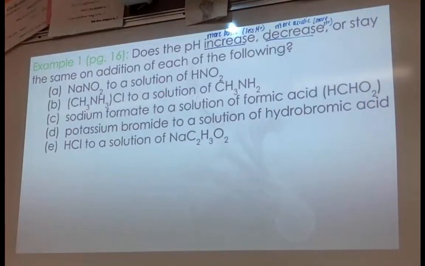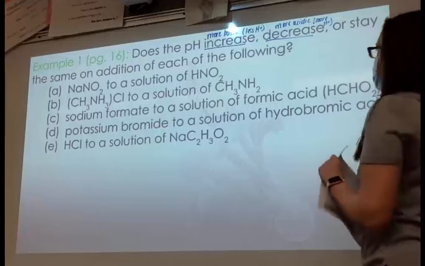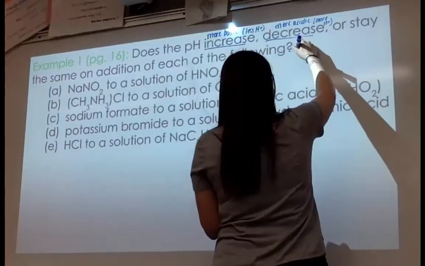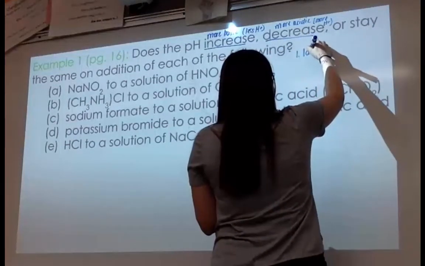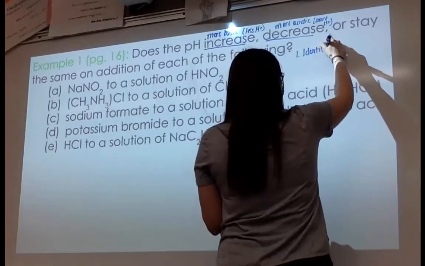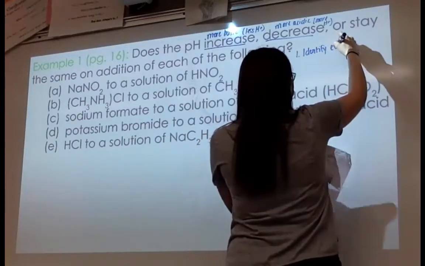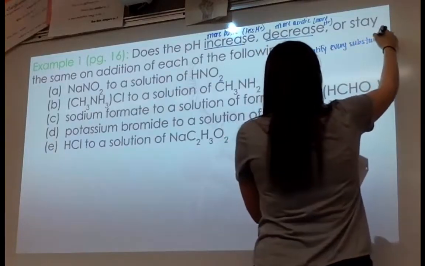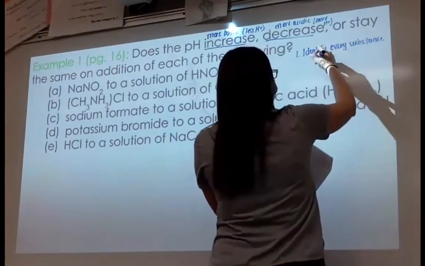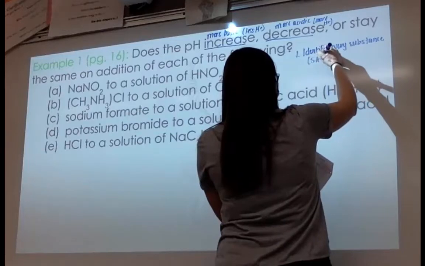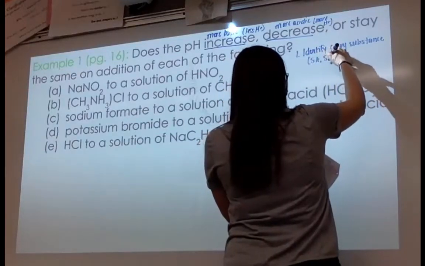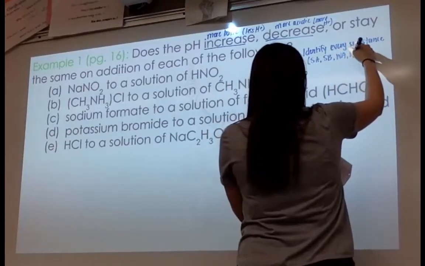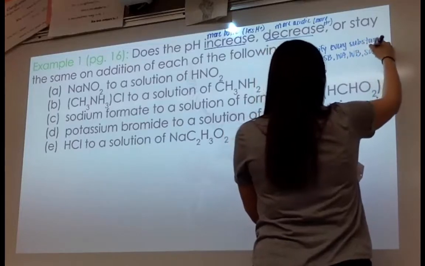So these are common ion problems. Some things we want to keep in mind with common ion problems, I'll write over here. The first thing that we want to do is to identify every substance. When I say identify every substance, you want to think about, is it a strong acid, a strong base, weak acid, weak base, or is it a salt?